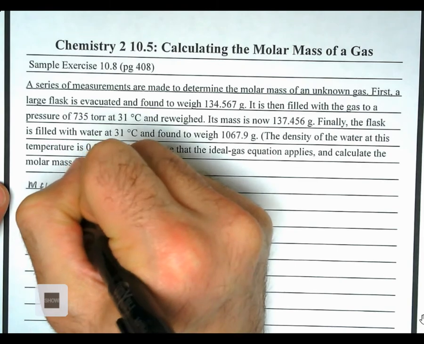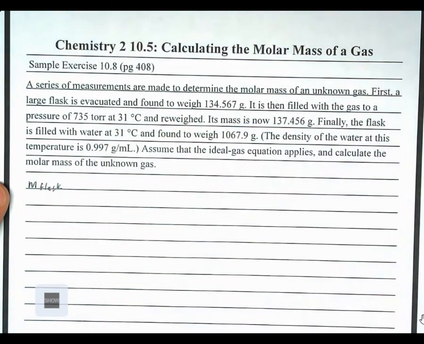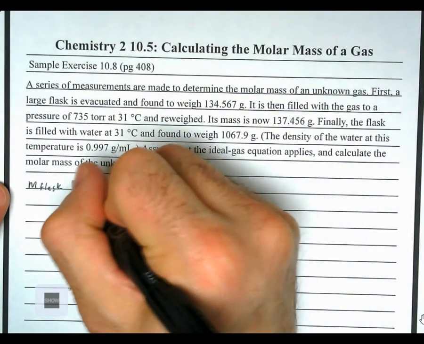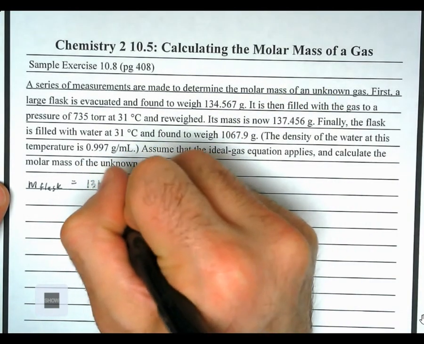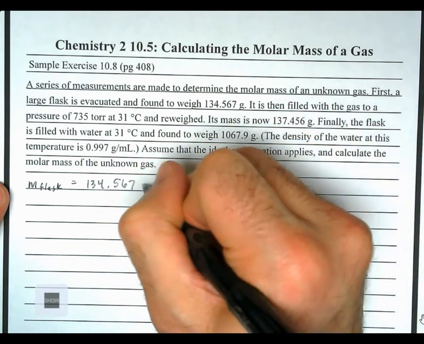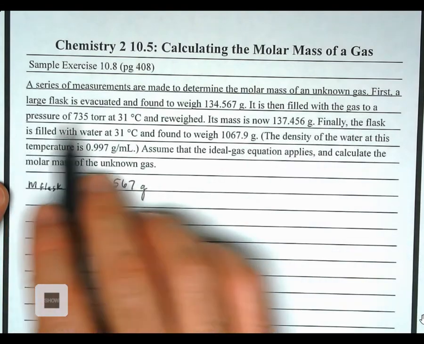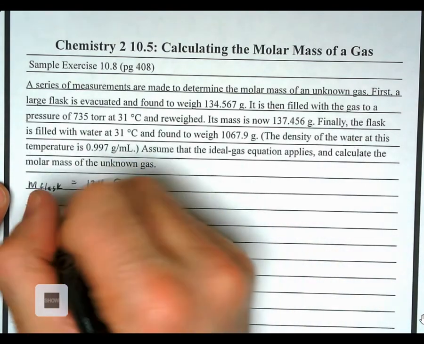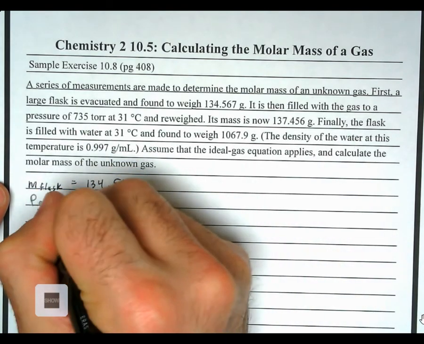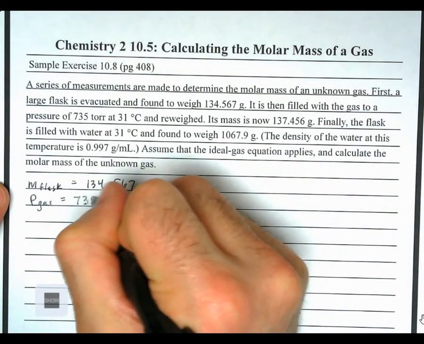I'm just going to put down some variables here so I kind of keep myself organized. The mass of the flask is 134.567 grams. It is then filled with the gas to a pressure of, so the pressure of the gas, 735 torr.